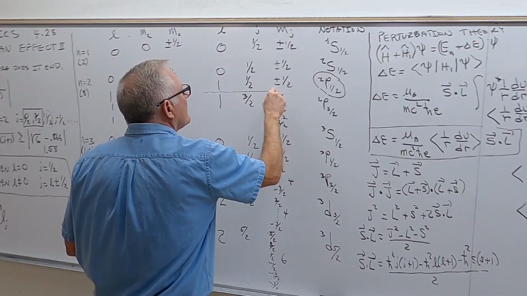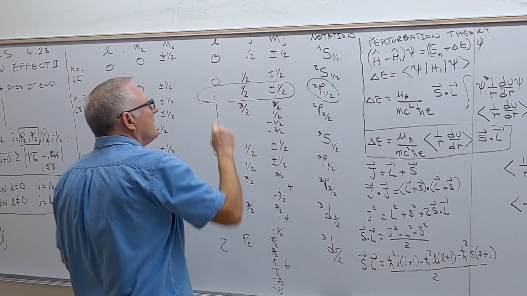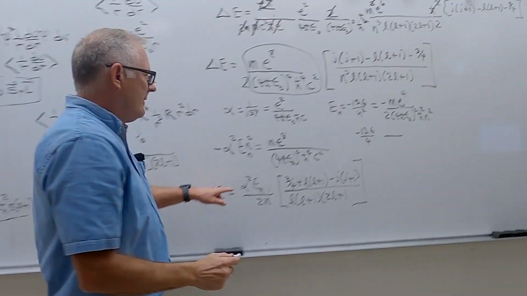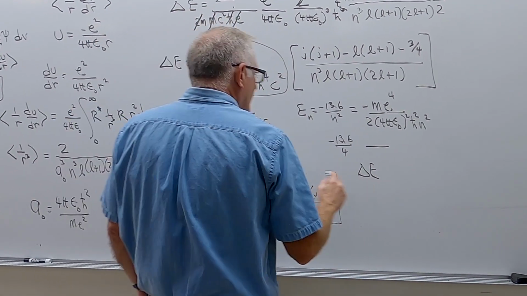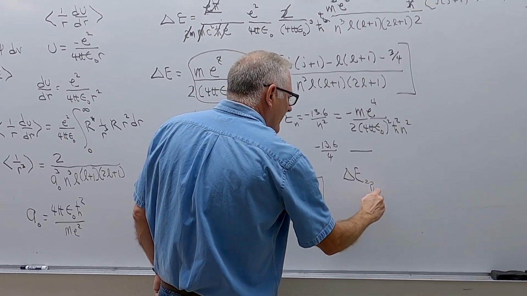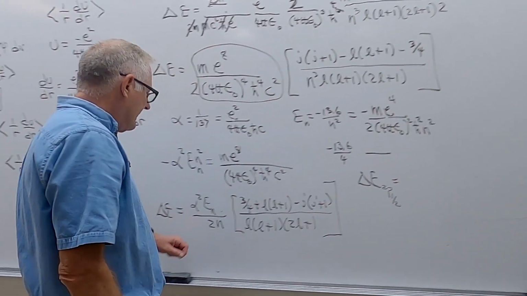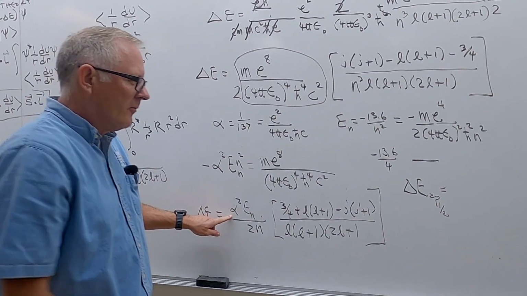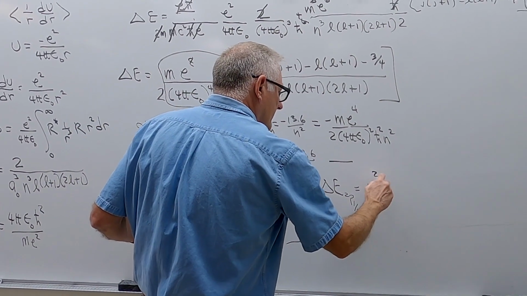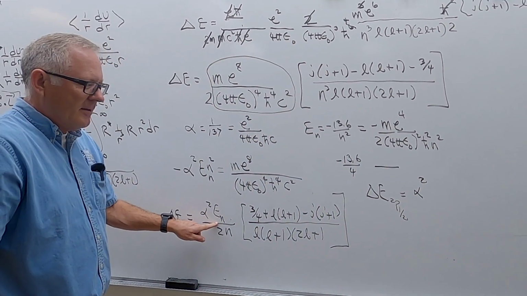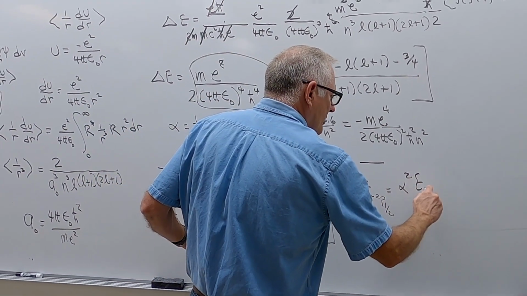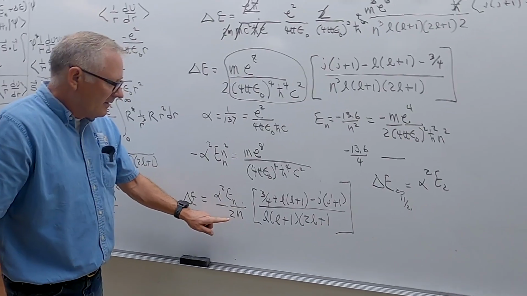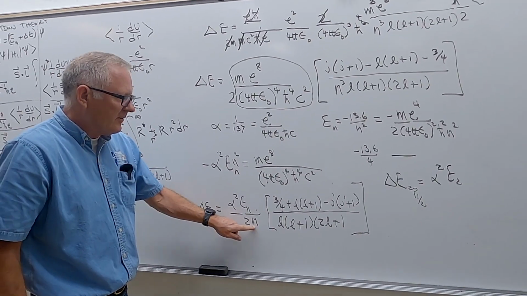Well, if we're going to pick this one right here, let me just circle this so we know which one we're picking right there. We get delta E, and we're calling that the 2p1/2 state. That's going to shift by this number, alpha squared, E sub 2, which is this one right here. I'll just call it E sub 2. Divided by n is 2, so that's divided by 4.